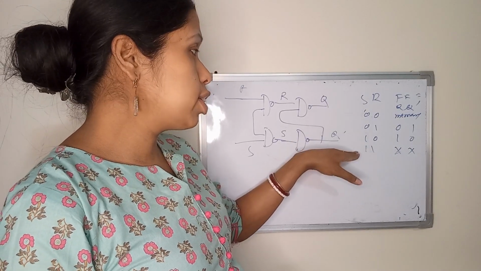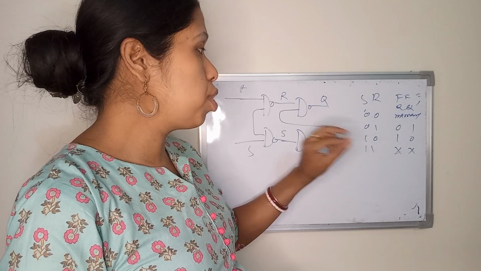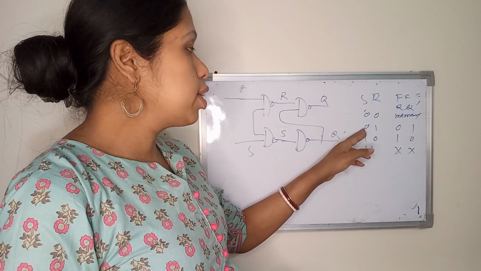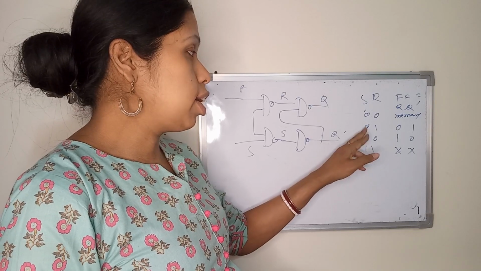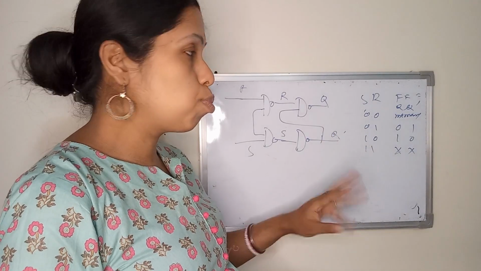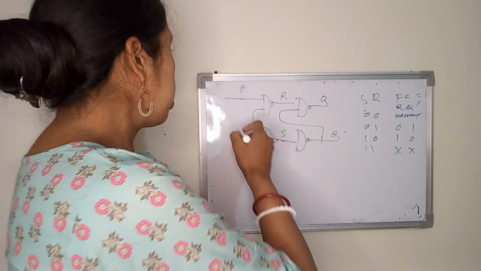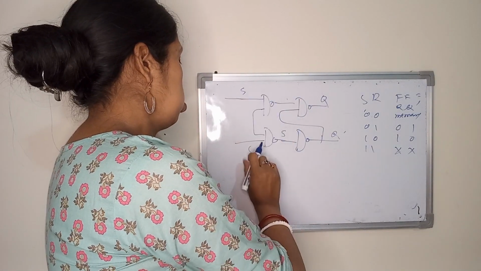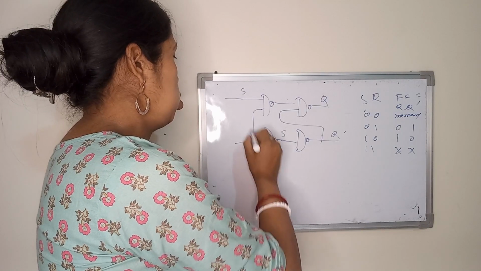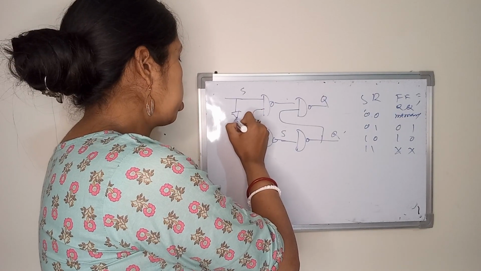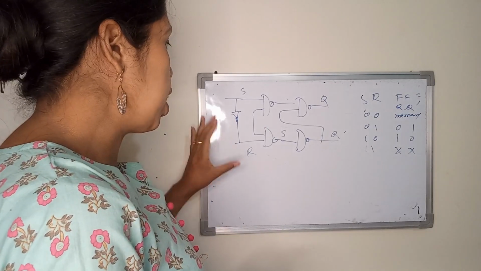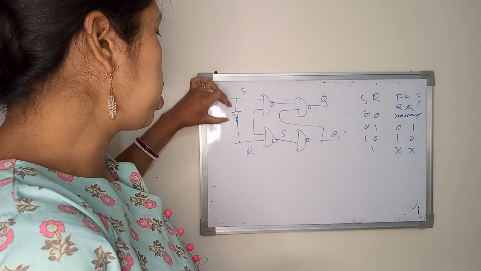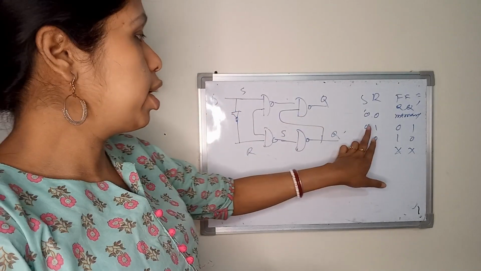Now if you check these four combinations, in these two combinations S and R are the same. But in the case of these two conditions, S is the complement of R, or R is the complement of S. So if you connect one inverter between S and R, it will become the D flip flop, because I need only these.